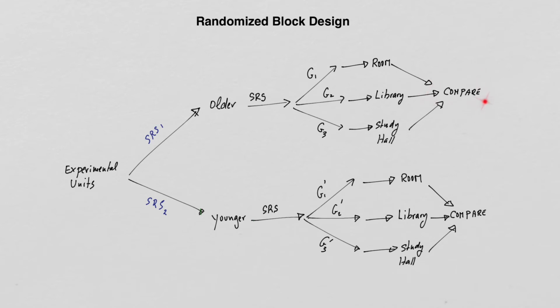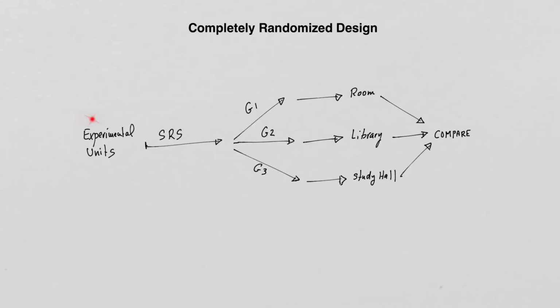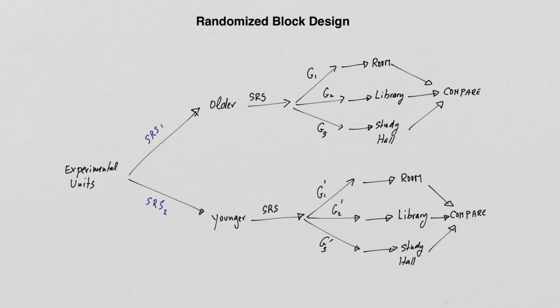So you just compare older students in terms of the treatment that they received, and you compare the younger students in terms of the treatments that they have received. It's very simple. So think about this as a special case of this, right? This is a completely randomized design, and this is also a completely randomized design, okay? Think of this as a square, and think of this as a rectangle, so to speak.